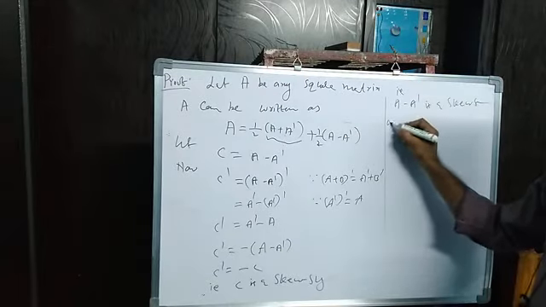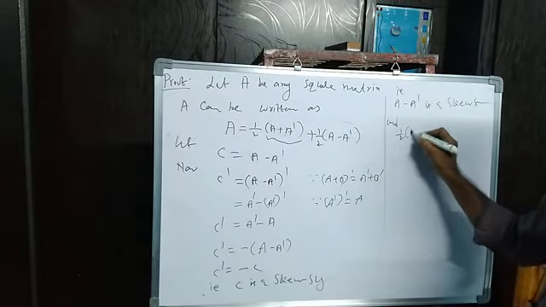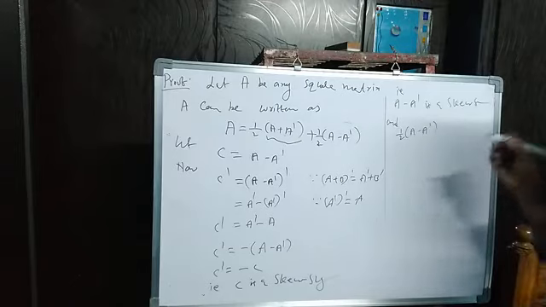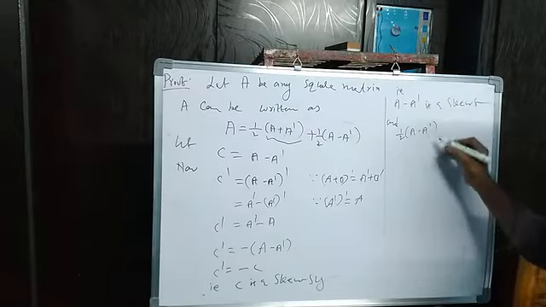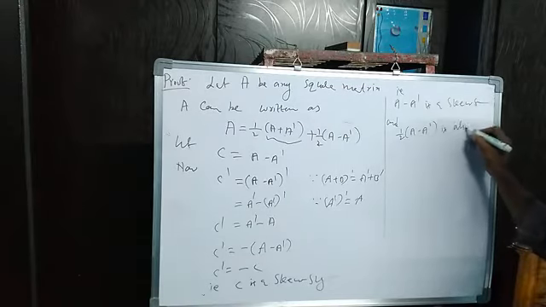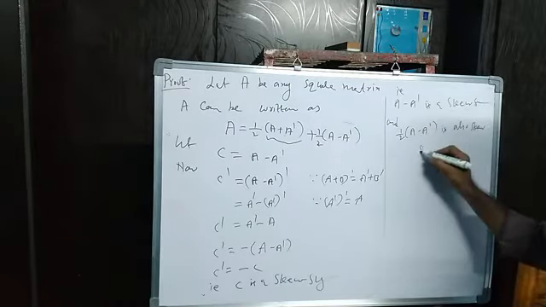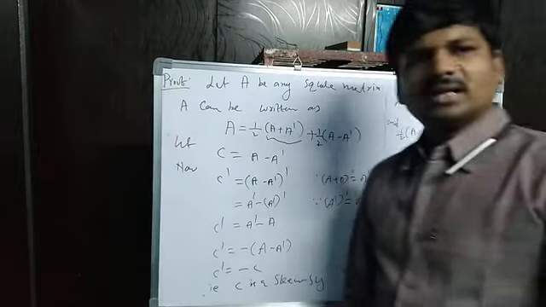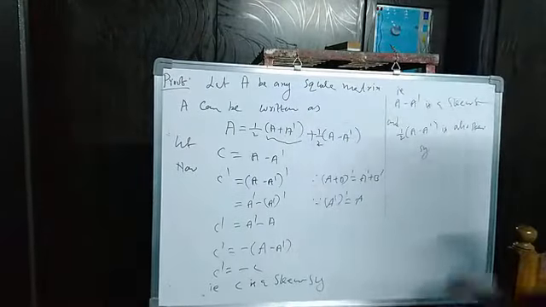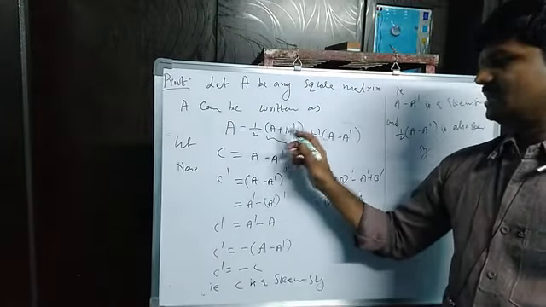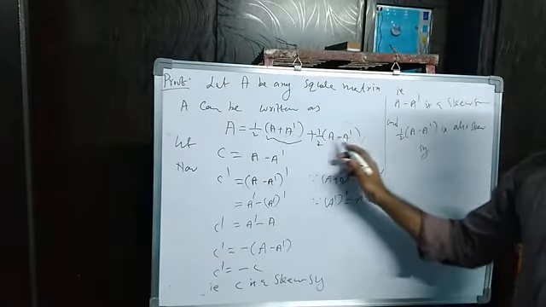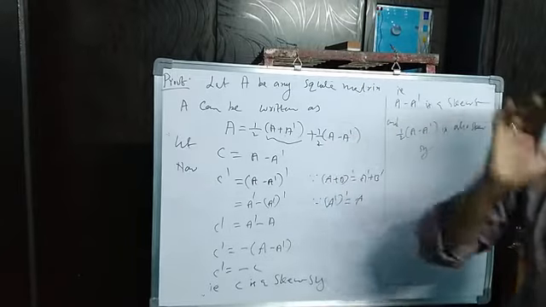And half into A minus A dash also, if you multiply by a scalar, the matrix is also skew symmetric only. So what we proved here? Half into A plus A dash is a symmetric matrix we proved, and half into A minus A dash is a skew symmetric matrix we proved. Very good.